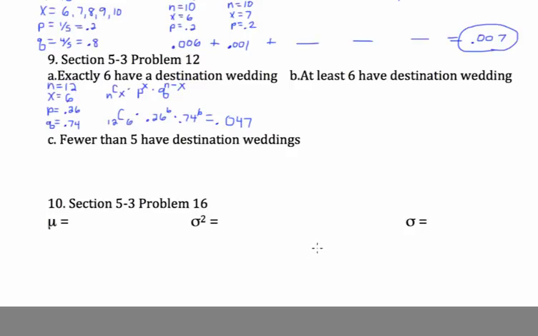Section 5.3, problem number 16. Find the mean, variance, and standard deviation for the number of heads when 10 coins are tossed. The first thing we'd need to know about this is that it is a binomial distribution. It's binomial because we have 2 outcomes that could happen, heads or tails.